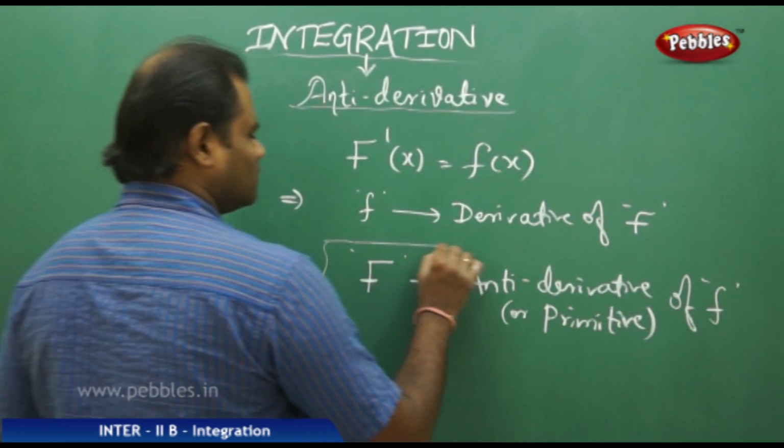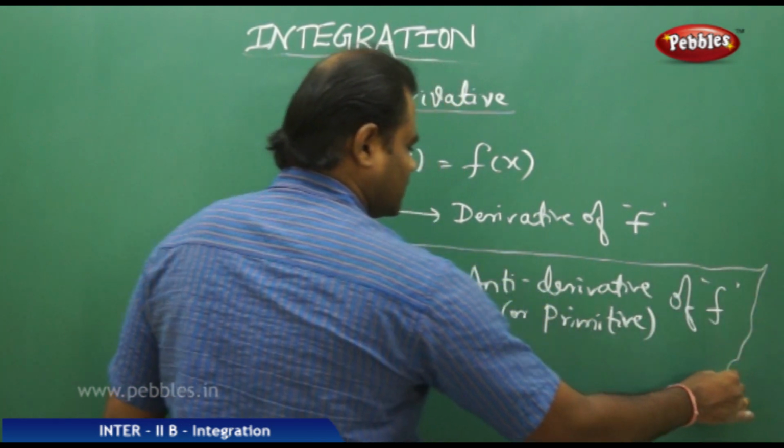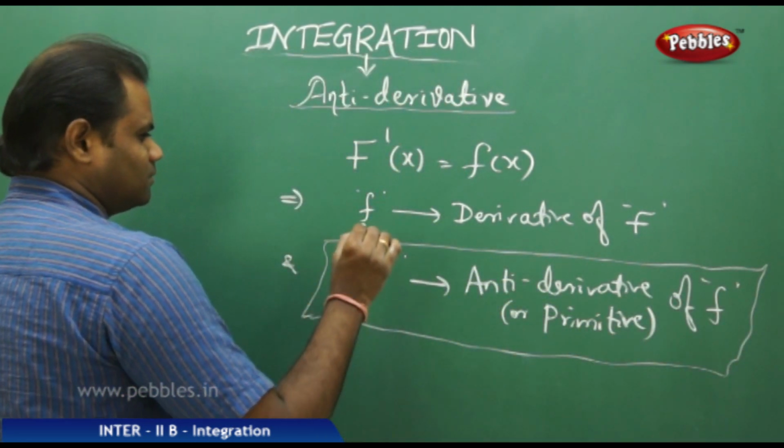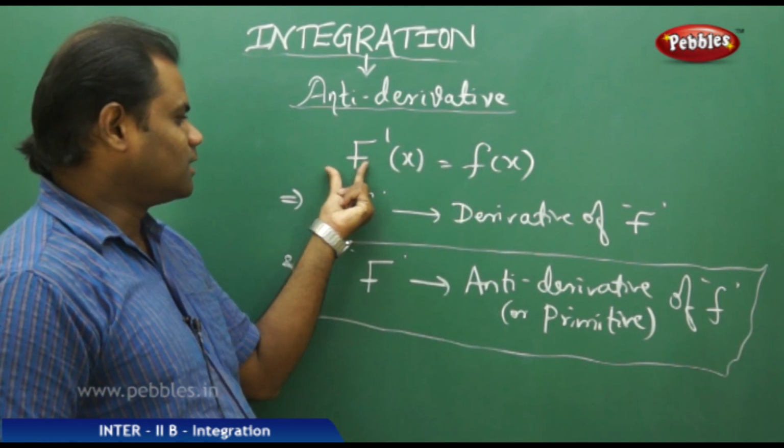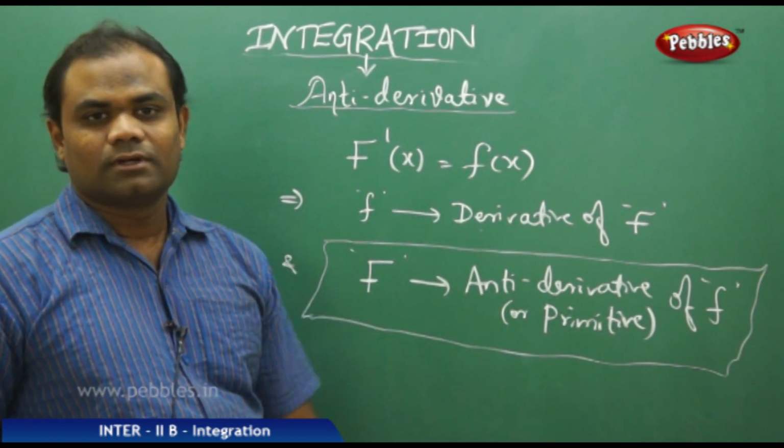This is how we understand the antiderivative of the function. For this, f is the derivative of capital F and capital F is the primitive of small f.